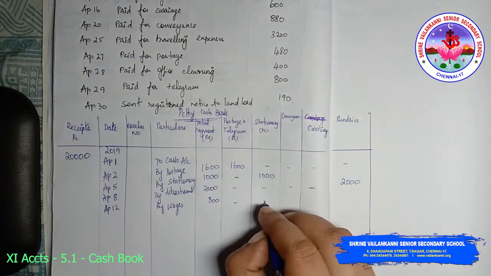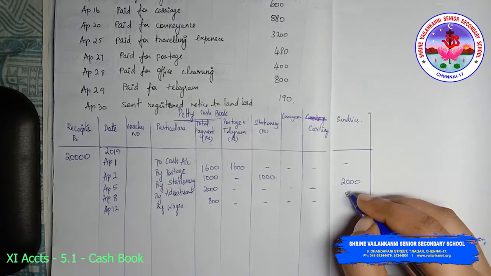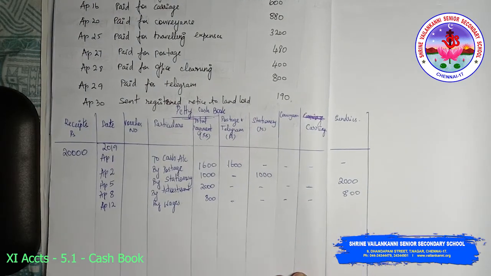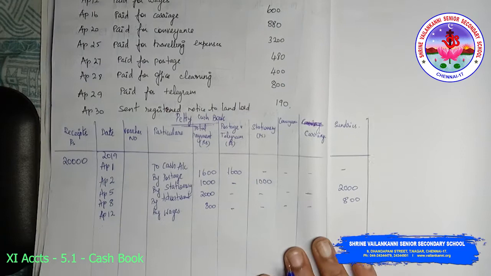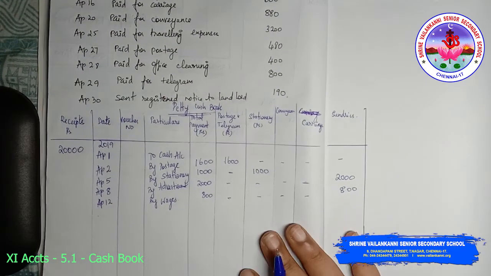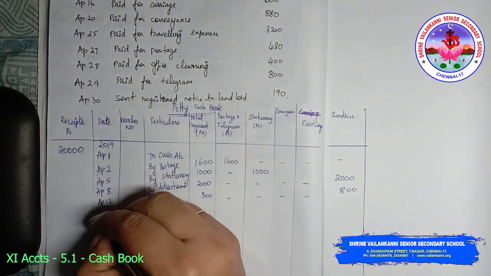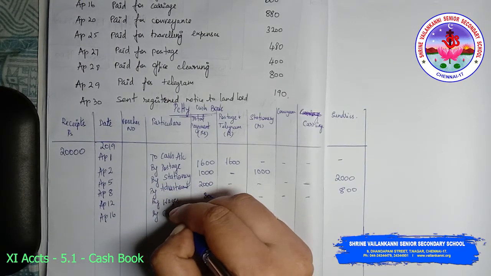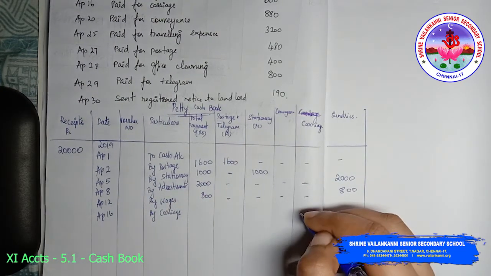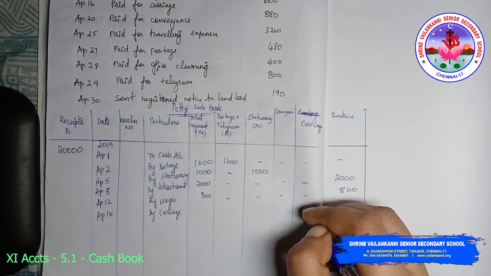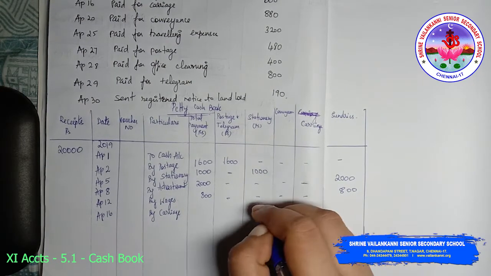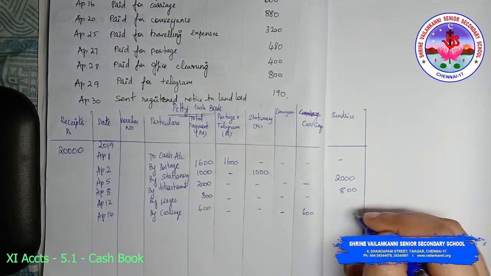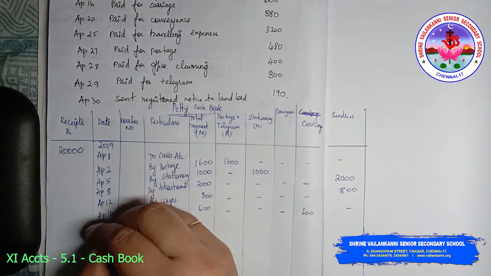I don't have wages separately, so I'm going to write it in sundries. I hope this is clear. Next, April 16, paid for carriage. I have a carriage column here, April 16 by carriage, it is 600.